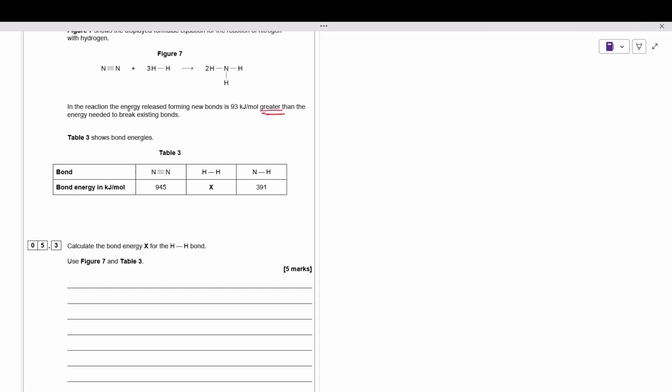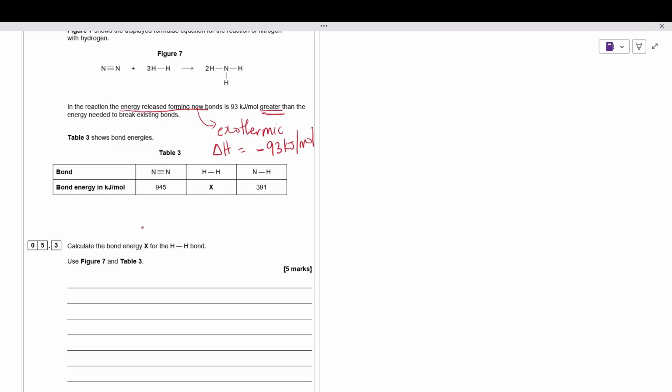So because we know that the energy released is greater, we know that this reaction is exothermic. Just write that here. So the enthalpy change is going to be negative 93 kilojoules per mole.